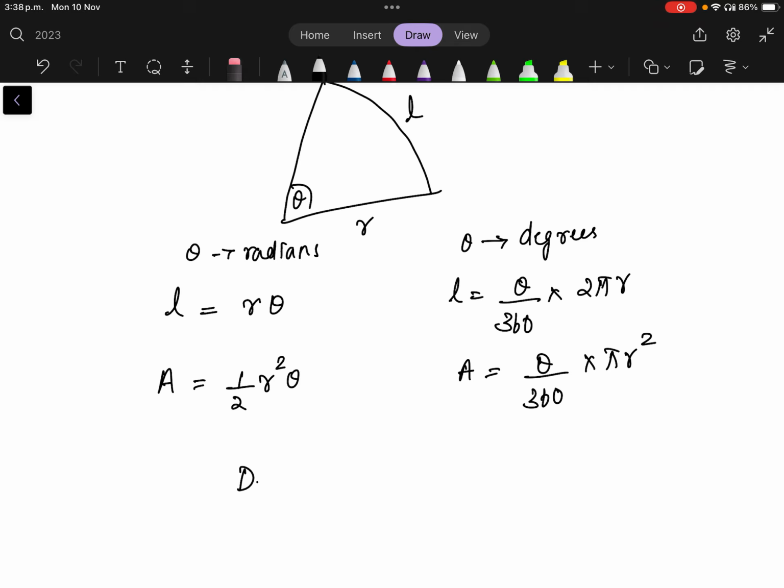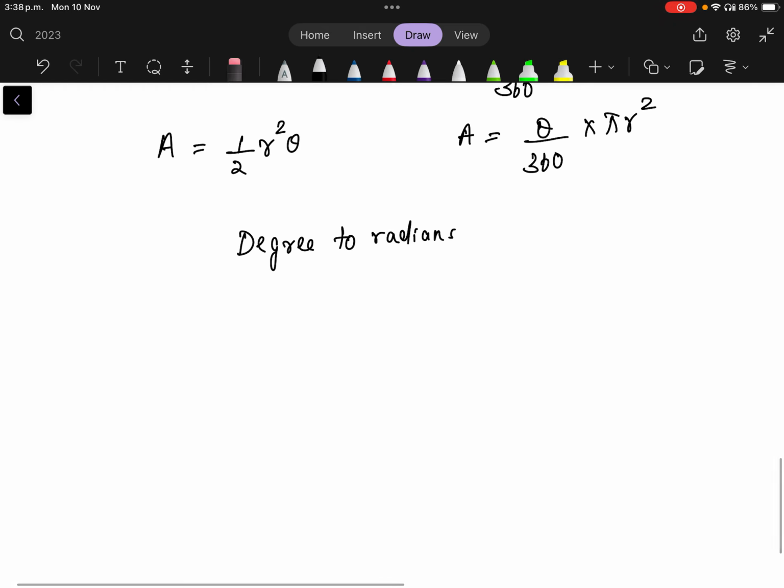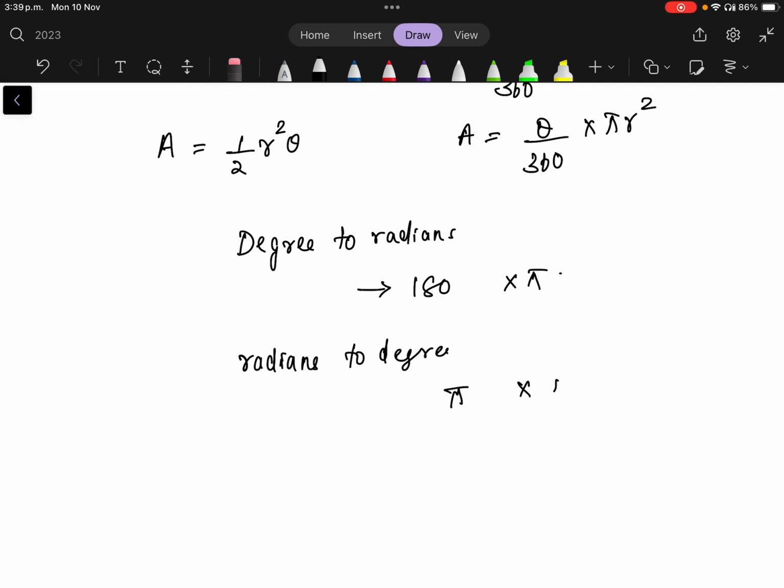To convert from degrees to radians, you divide by 180 and multiply by pi. And to convert from radians to degrees, you divide by pi and multiply by 180. So that's one method.